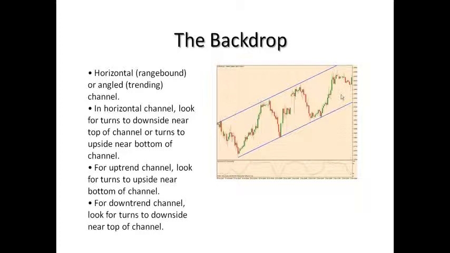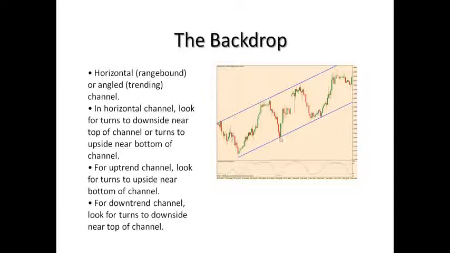But in an uptrend channel, as I mentioned before, you look for turns only to the upside near the bottom of the channel. You could use the top of the channel as a profit target, but I would not advise going short at the top of an uptrend channel, only because that would be a counter trend type of trade. And I don't really like to make counter trend trades.